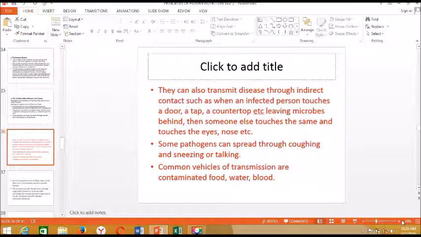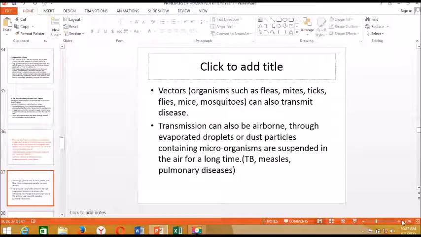Or if the blood is poisoned with the pathogens and it is being transfused to other person's body, maybe it hasn't been checked properly, then that blood becomes a vehicle of transmission. You are transmitting the germs.